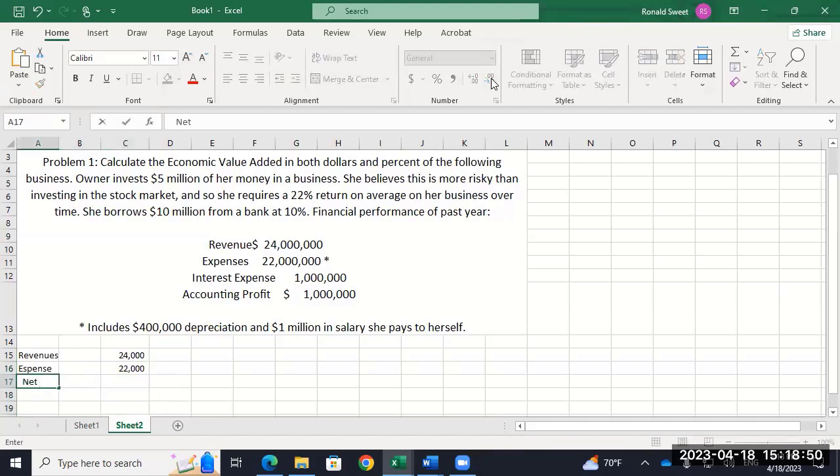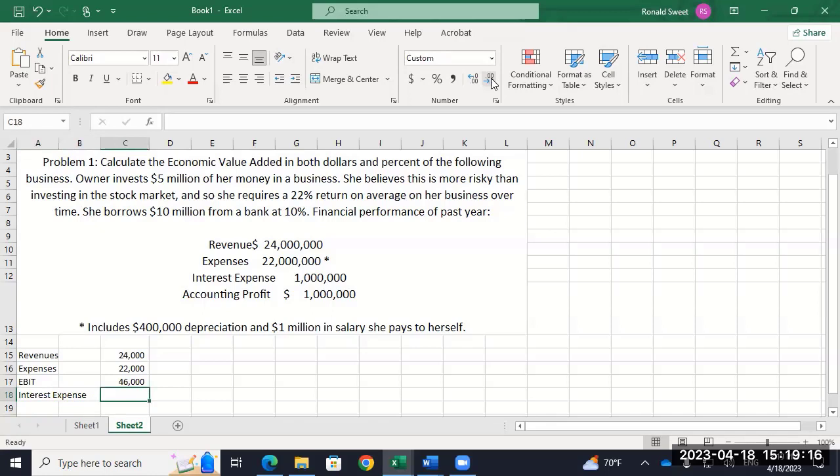Our net income is 2 million. And then we have interest expense. This is our EBIT, but our T is 0, so it's still EBIT.